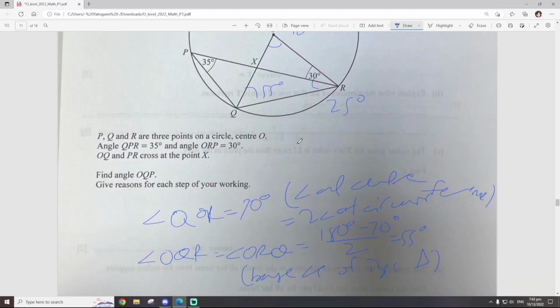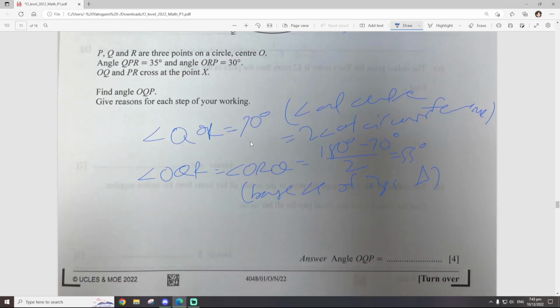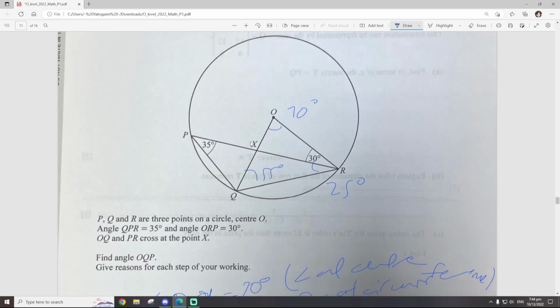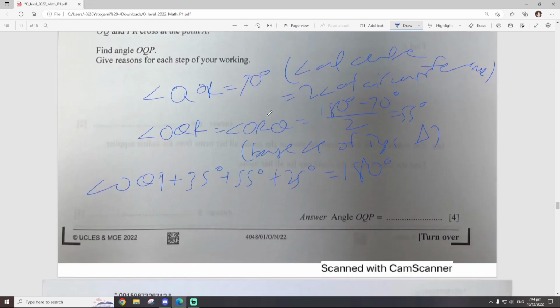So we have the fact that OQP, so let's do it this way. Angle OQP plus 35 degrees plus 55 degrees plus 25 degrees equals 180 degrees because of 2 things.